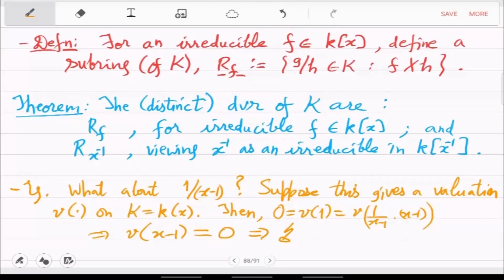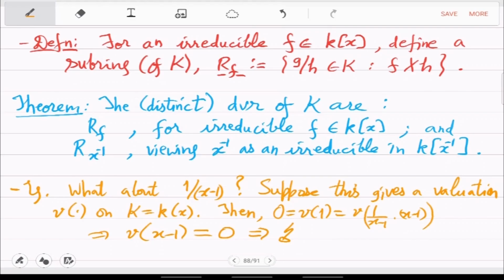So we characterize that. Distinct DVRs are, yeah, so R f is clear.